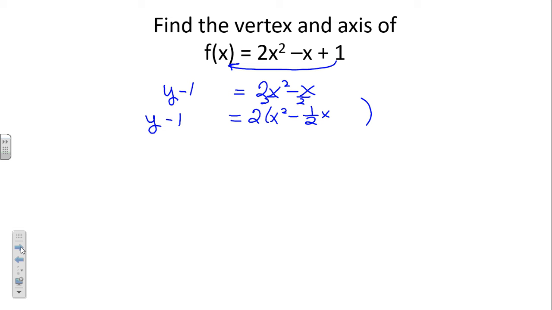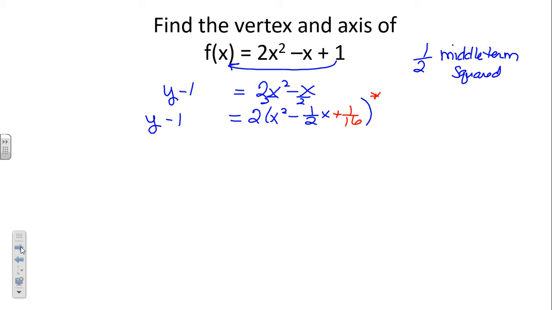So now think about what is 1/2 of 1/2. 1/4. We want to take 1/4 and square it. So 1/4 squared is 1/16.